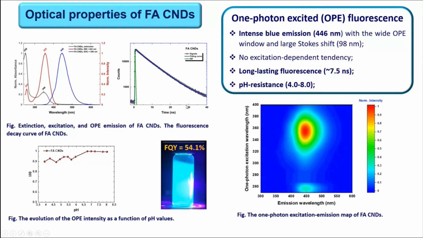Moreover, they were resistant to the pH in a wide range from 4 to 8 pH. There was intense blue emission of around 450 nanometers and a long-lasting fluorescence of 7 to 7.5 nanoseconds. And as you can see here, the fluorescent quantum yield achieved in this case was over 50%.